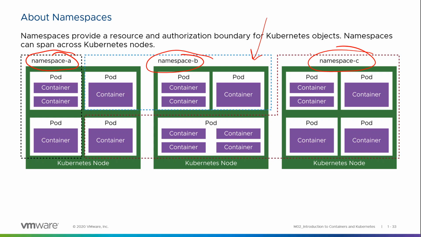Maybe I'll create one Kubernetes cluster that I'm going to have a group of developers working in. I'll create a series of namespaces, and I'll give one namespace to developer A, another namespace to developer B, and another namespace for developer C, and they'll each respectively work in their namespaces.